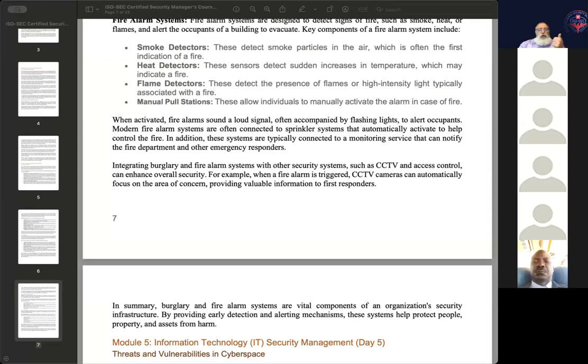Now we have different types of fire extinguishing. We have also CO2 and we have FM 200, if I'm not mistaken.